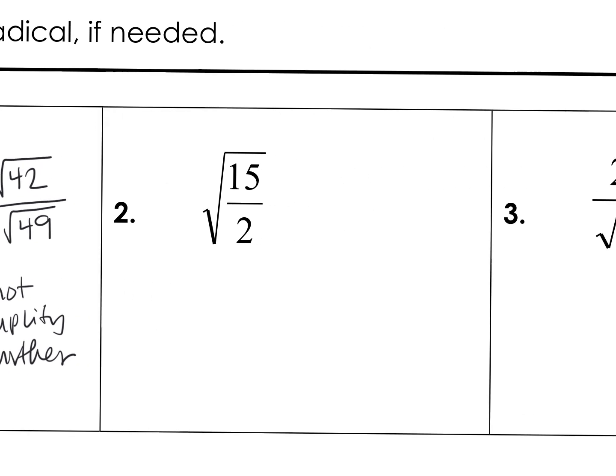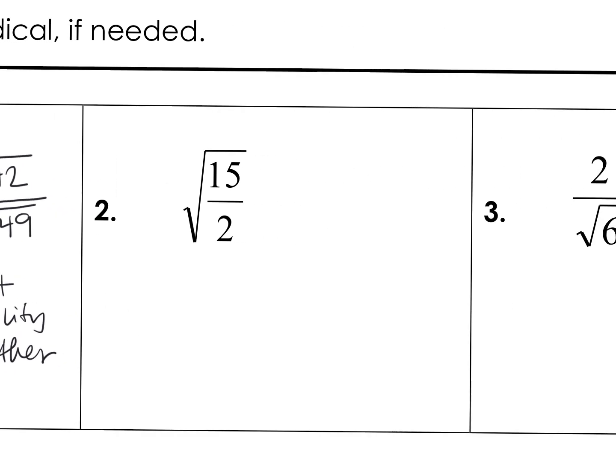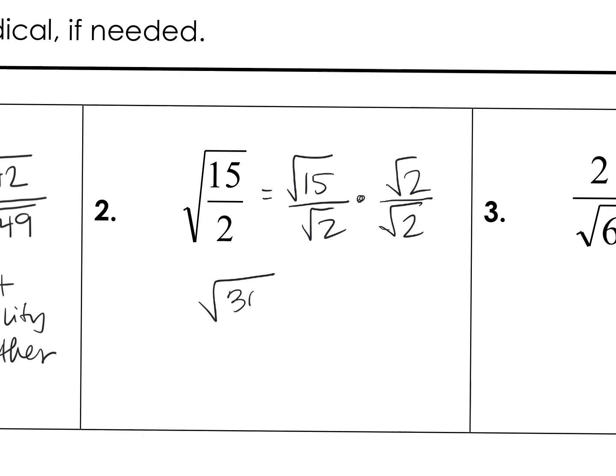All right, let's try this next one. So this is like saying root 15 over root 2. I don't want to write that as a decimal. We're not working with decimals inside the roots. So I'm just going to break it apart into two separate pieces. And I'm going to multiply the top and the bottom by the denominator, because I want to get rid of that root in the denominator. So 15 times 2 is 30.